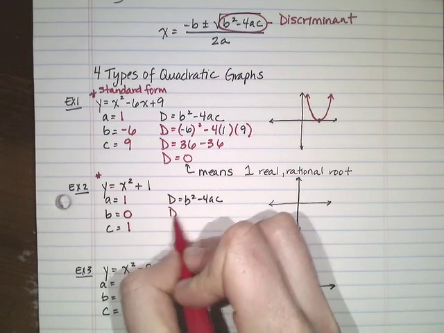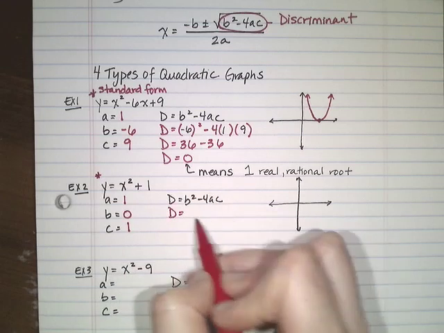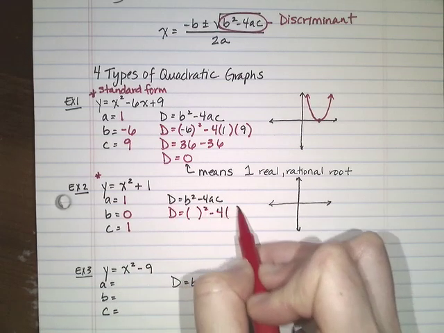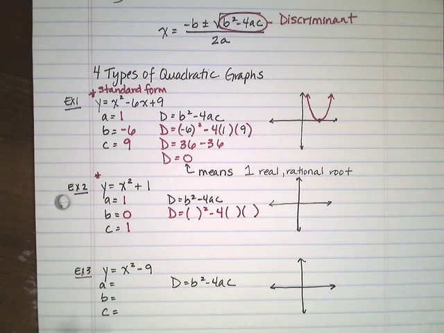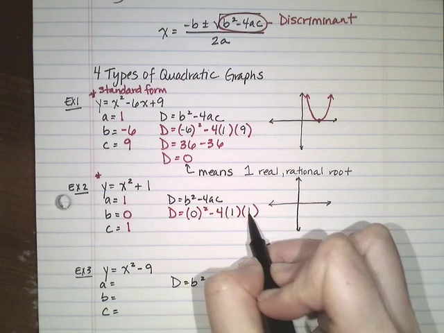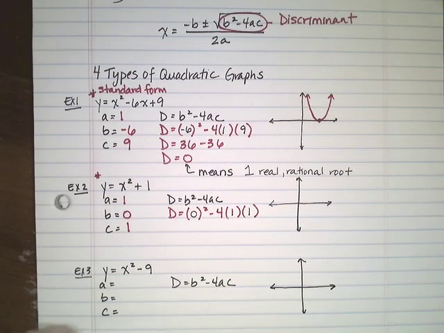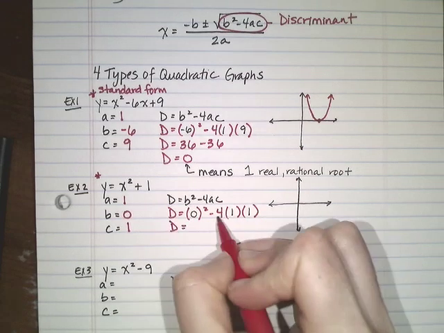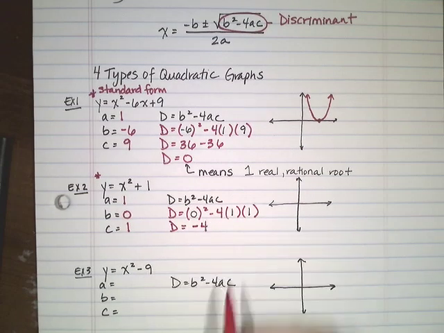When I plug in my a, b's, and c's into my discriminant, looks like I get 0, 1, 1. I get a discriminant, let's just be consistent here with the coloring. My discriminant equals negative 4.